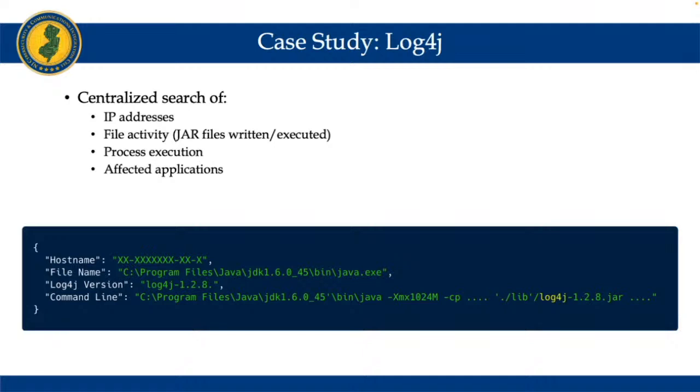So we had a centralized place to search for indicators, including IP addresses, file activity, including jar files written and executed on systems, process execution, as well as affected applications. And here's a little code snippet here at the bottom of the screen. I've kind of anonymized the data a little bit, but this is an example of what you would be able to see from one of these platforms.